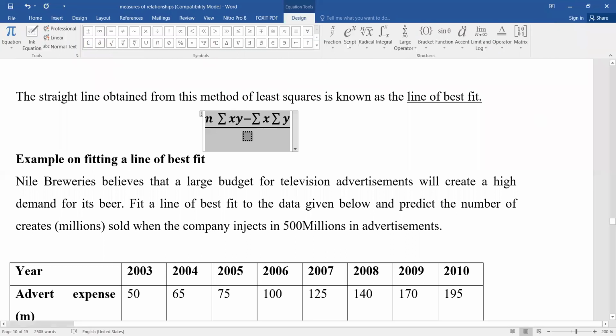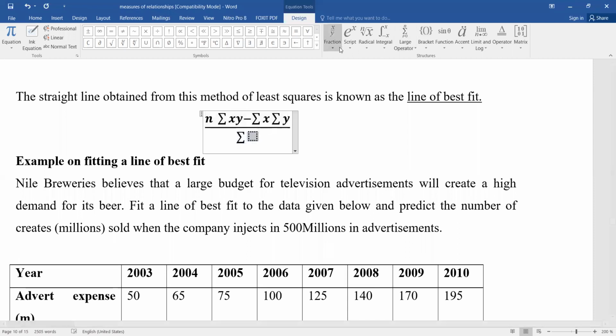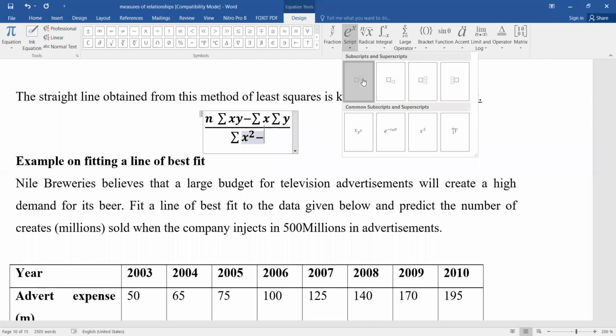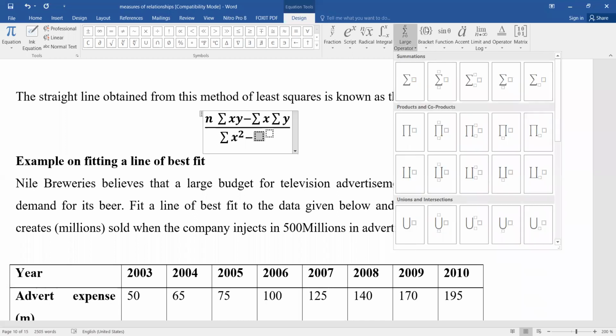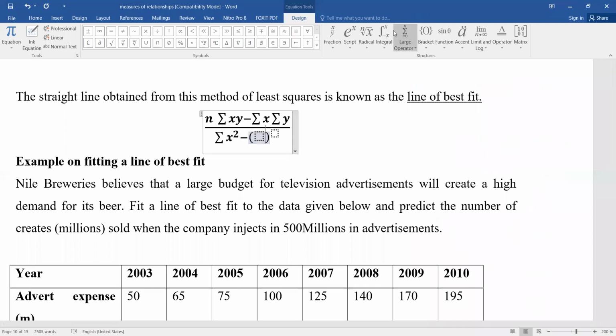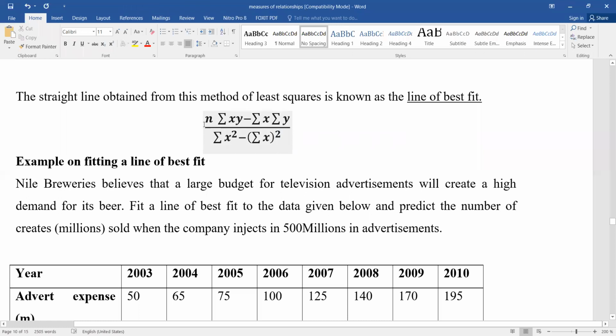So it will be N times summation of X squared, minus the summation of X, that whole thing all squared. So that's the formula for beta.